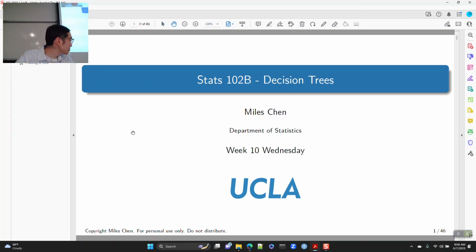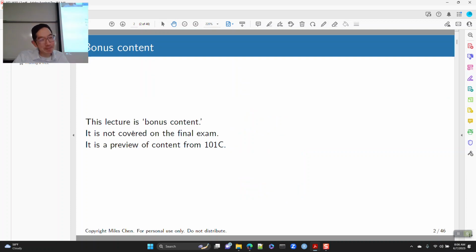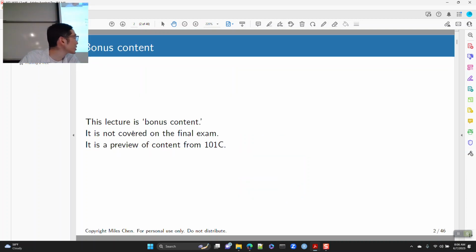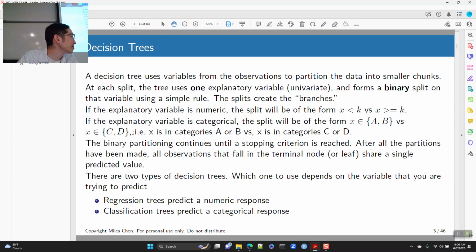Okay, all right. So this is all bonus content, not covered on the final exam. I guess in 101C I will talk about decision trees and whatnot. It's a little bit like machine learning, but not really. There is an optimization aspect, but it's pretty simple.